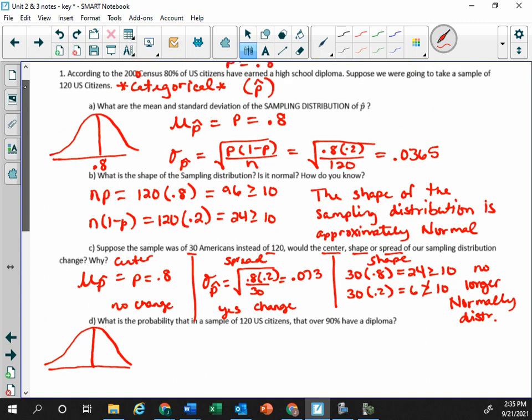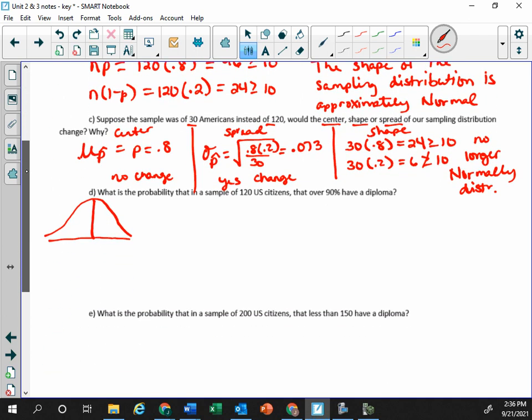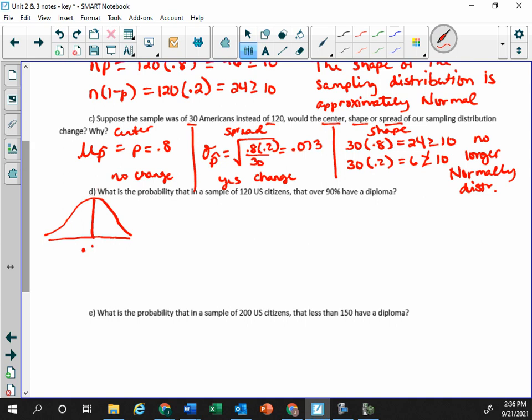P has not changed from up here. P is like the truth. The census told us it was this. What was P? 0.8. Yes, that's where your distribution is centered. We want to know how likely it is that 90% and up have a diploma.